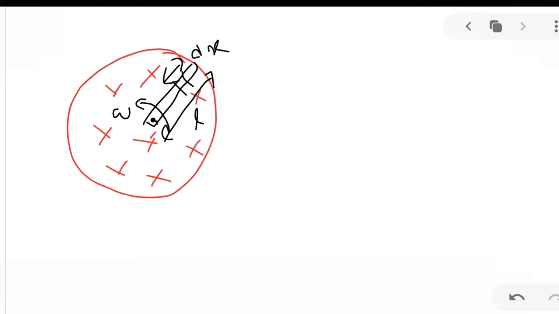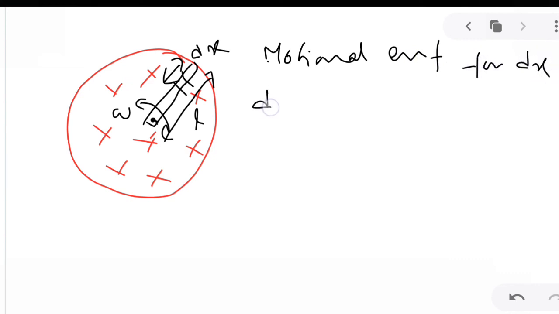Now let's take one small element of length dx. For this small element dx, the motional EMF for length dx will be dE, equal to, suppose B is the strength of the field, B times dx into V. That element is moving with velocity V. Now here different elements are moving with different velocities, but with a common angular velocity omega.